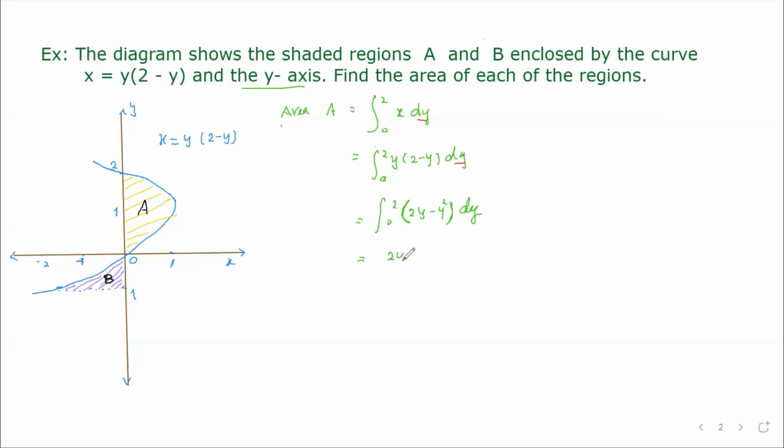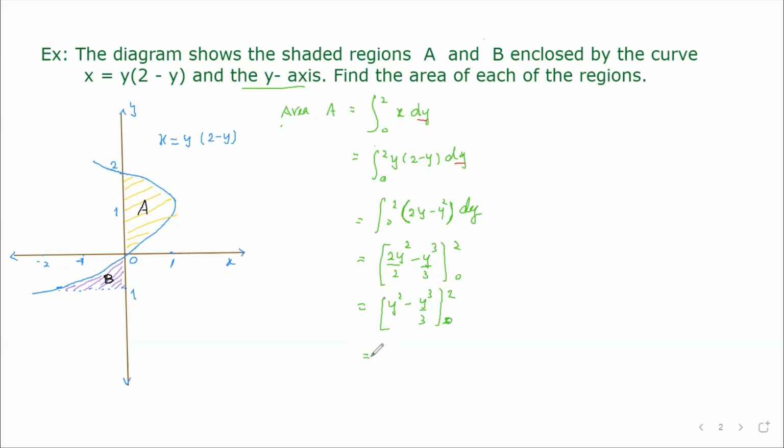This one becomes 2y, y to the power 1, so it becomes 2y squared over 2. And then minus y squared, 2 power 2 plus 1 becomes y cubed over 3, from 0 to 2. Now simplify. It becomes y squared minus y cubed over 3, from 0 to 2. Then we replace the value of y, starting from the destination first, and then minus the original point.